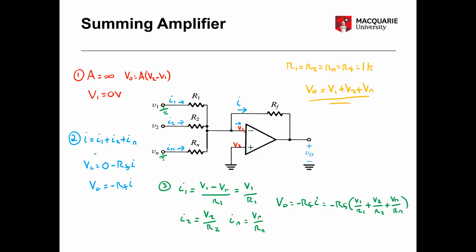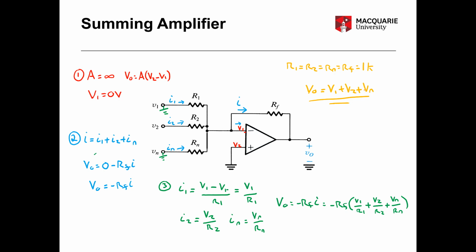Now, we can know from our inverting amplifier analysis previously, and from our output equation here, that if we adjust our RF, or the ratio of RF to R1 or ratio of RF to R2, you'll change the gain of the circuit. So you could have the Vout being some multiplication of the sum of the different inputs.